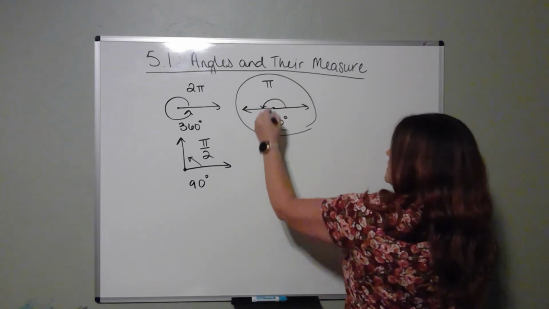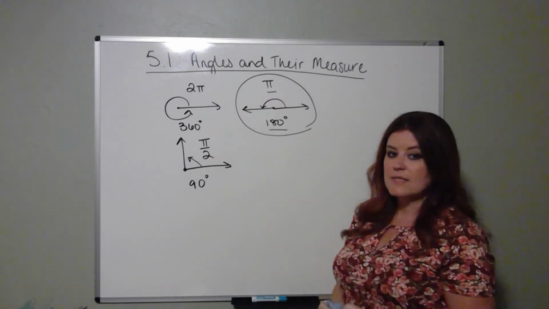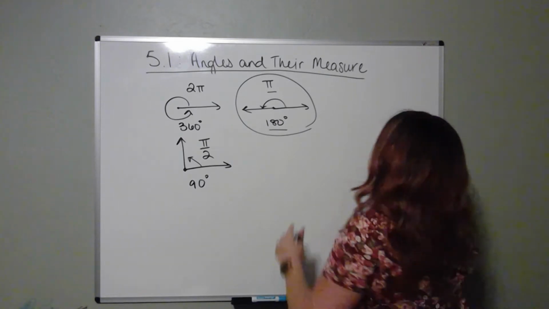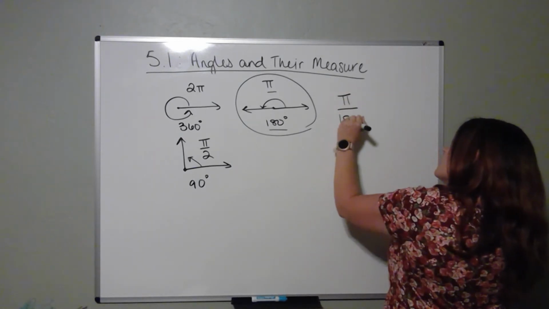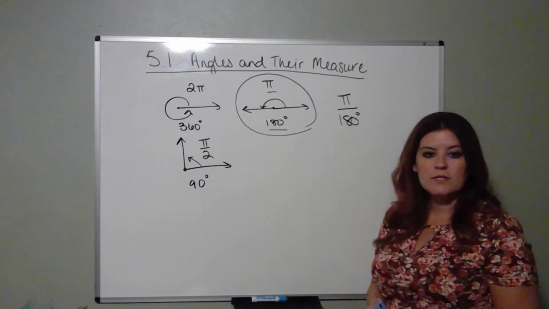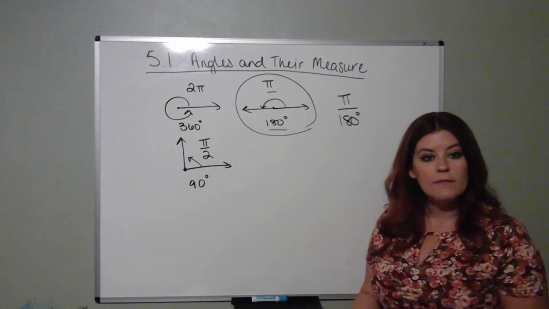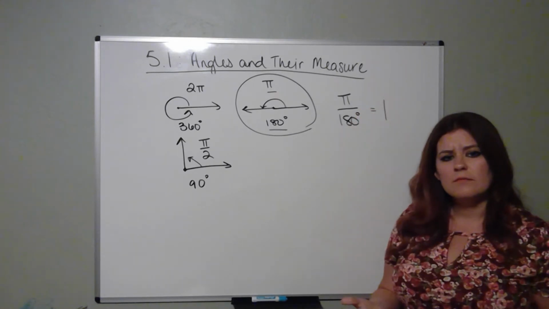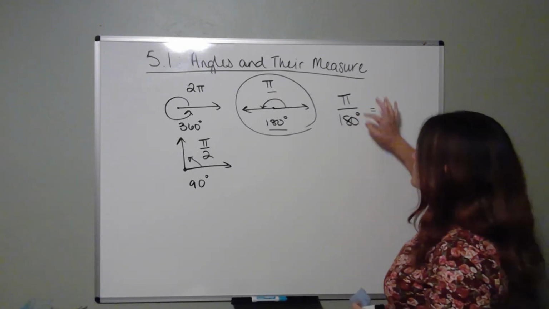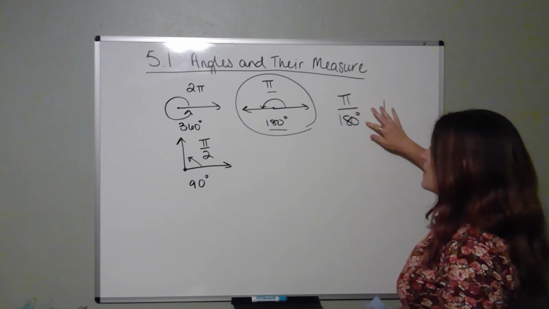So because they measure the exact same thing, would you agree that the fraction pi over 180 degrees would equal 1? They are different units of measure, but they measure the exact same thing, guys.